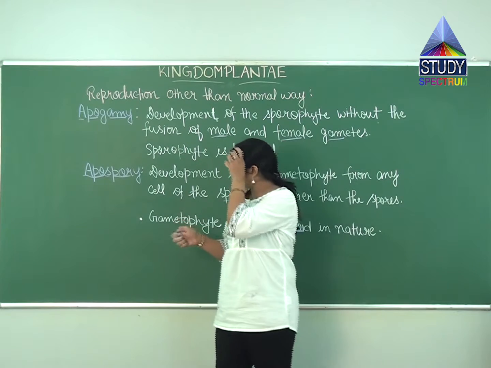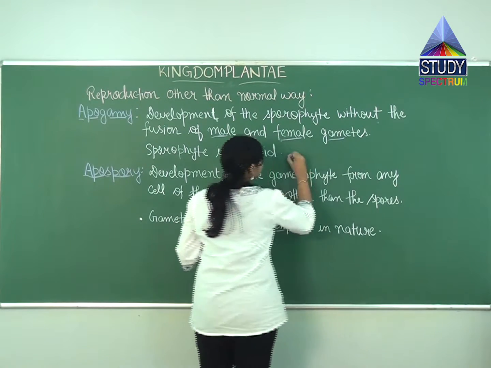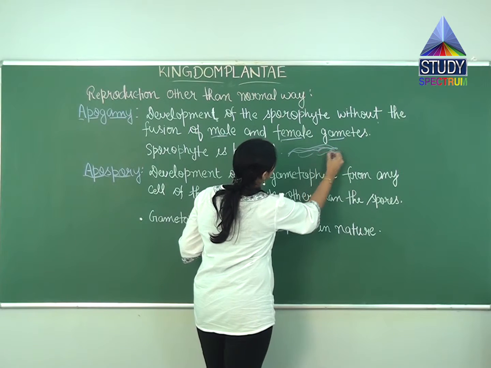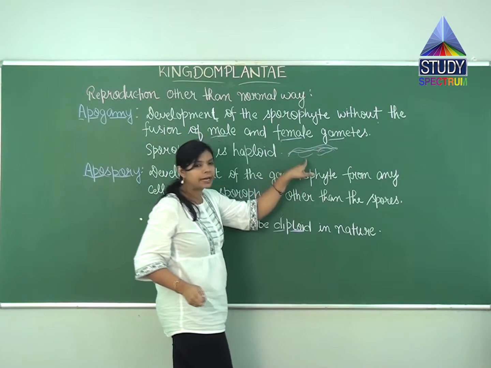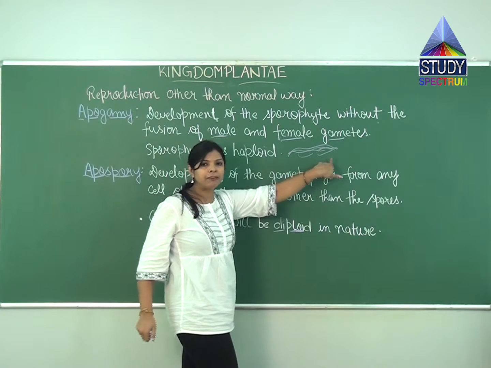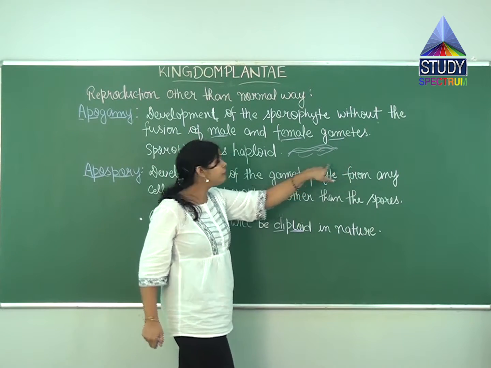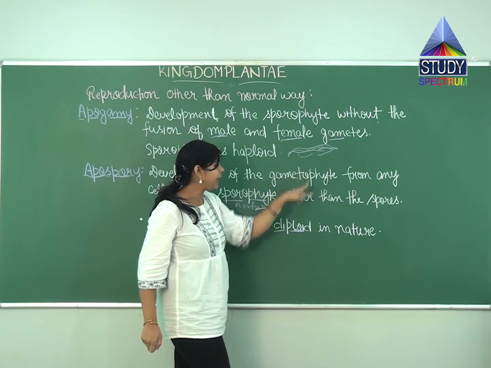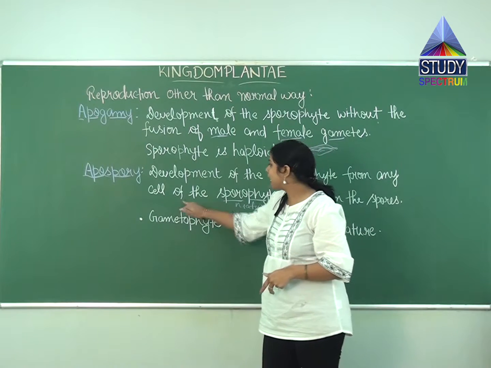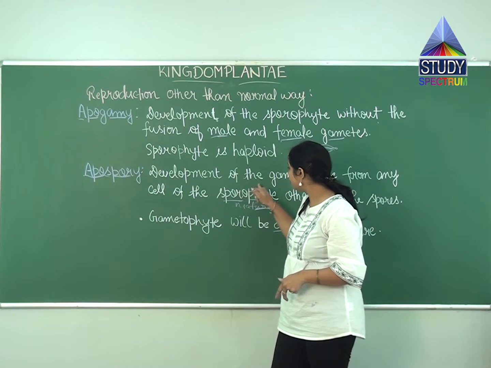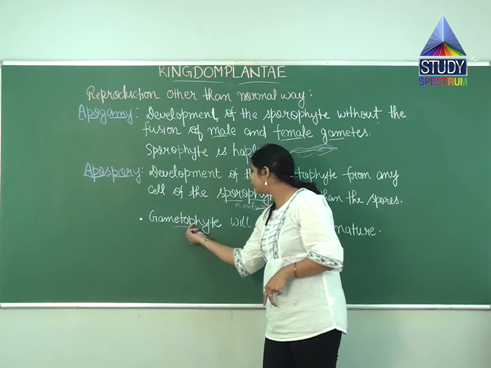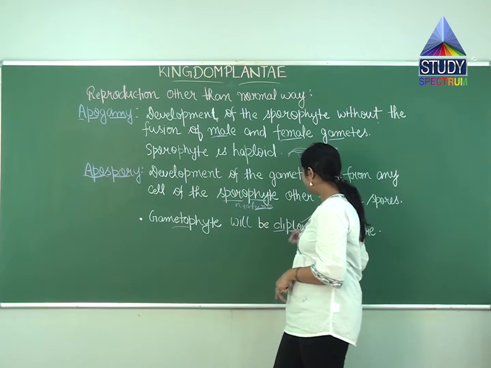The leaf is the sporophyll, so the sporangium will be present. Directly from the sporangium, the gametophyte or prothallus structure will be formed. Because meiosis or spore formation does not take place, and the gametophyte is formed directly by the sporangia, this gametophyte will be diploid in nature.